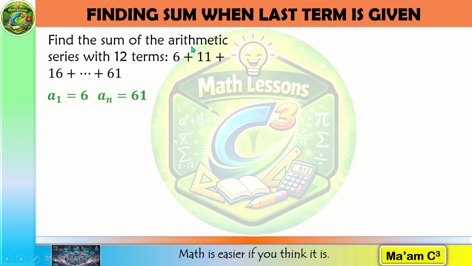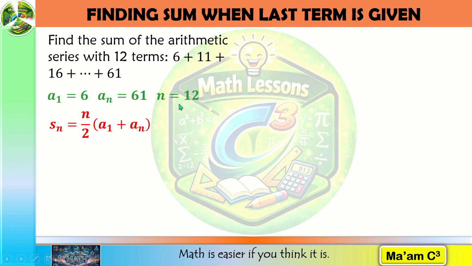Since we are looking for the sum of the arithmetic series with 12 terms, it means our n is equal to 12. Since we are given the last term, a sub n, we're going to use the first formula for arithmetic series. Our s sub n would be s sub 12.